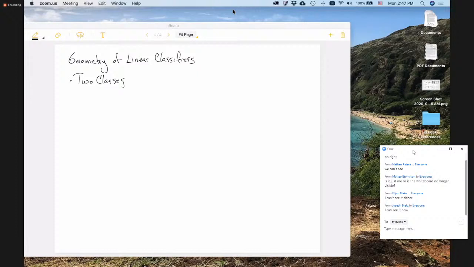So let's do that. Let's suppose that we are going to define this function g of x, that's our discriminant, by comparing two different discriminants, g1 and g2.